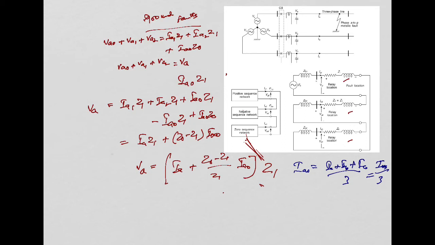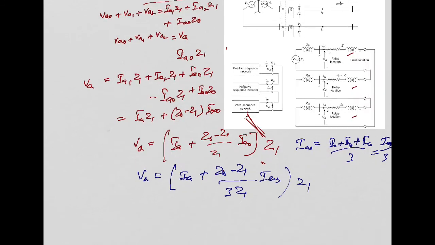And finally the equation that we are getting is VA equals IA plus (Z0 minus Z1) divided by 3Z1, into I residual, into Z1, and then we get the desired impedance.